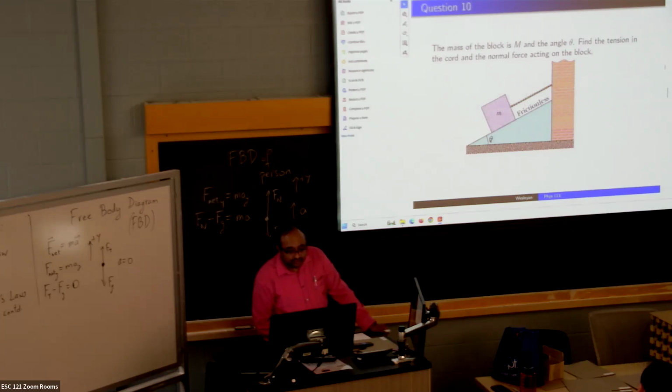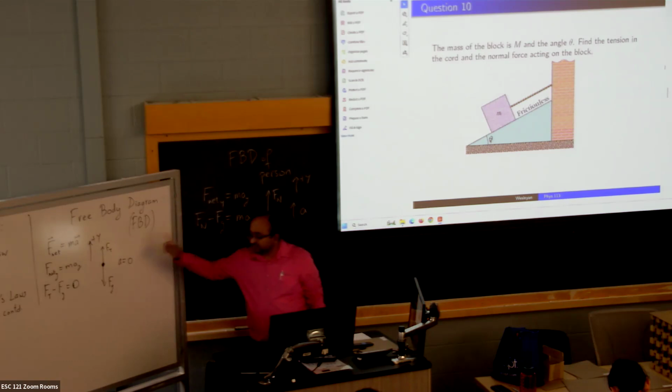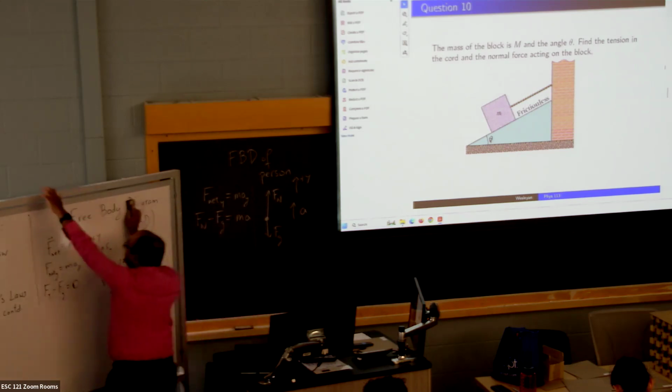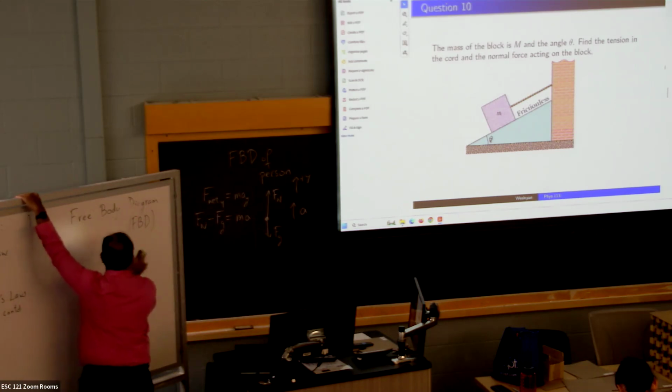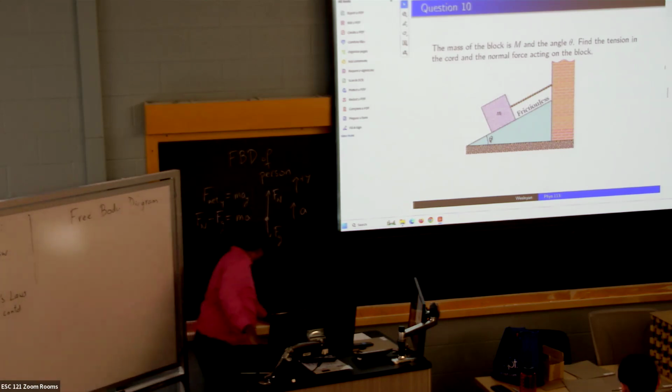Okay, so let me do this. I'm going to take you through this problem in the remaining 7 minutes. I'll sketch it here and then use the blackboard. So we have a block sitting on a ramp. It's tied to a rope, which is attached to a wall.